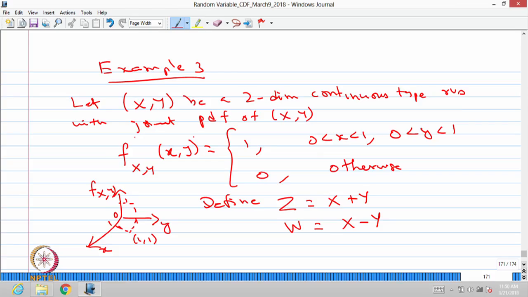One more observation in this problem: given x and y, you can see the joint probability density function is 1. If you find the probability density function of x, that is going to be 1 between the interval 0 to 1 for x.